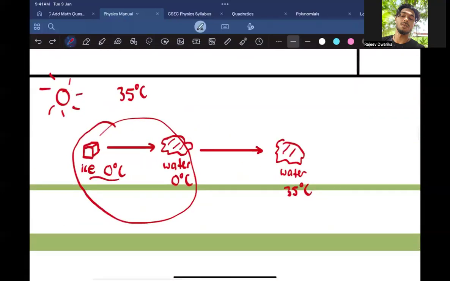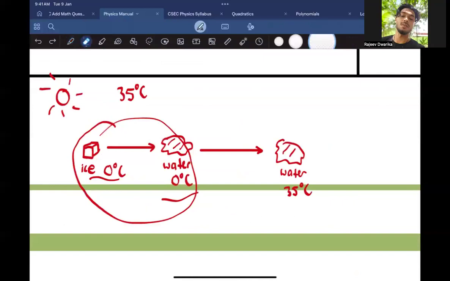Was there a change in temperature over here? No. So that's one reason not to use it. Second reason, is there a change in state? Yes. Describe the change in state. Solid to liquid. Right, so that is fusion.